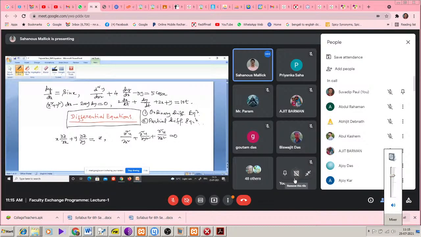In a differential equation, there may be one or more dependent variables, but there will be only one independent variable. Such an equation is called an ordinary differential equation. So, in the first example, dy/dx = sin x, it is an example of an ordinary differential equation. Here, y is the only dependent variable and x is the independent variable.